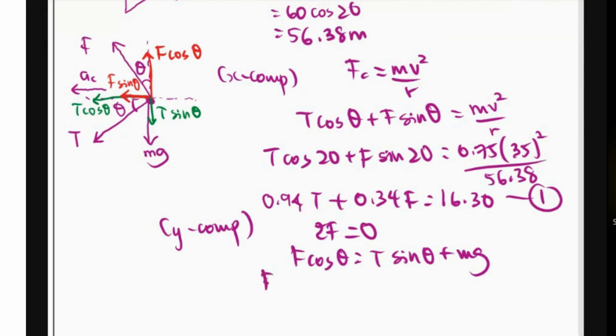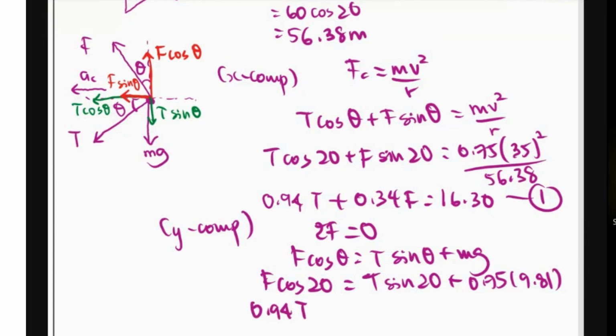And then you can put the values in and simplify. Cos 20 is 0.94, this is F. Sine 20 is 0.34 T, plus 7.36.